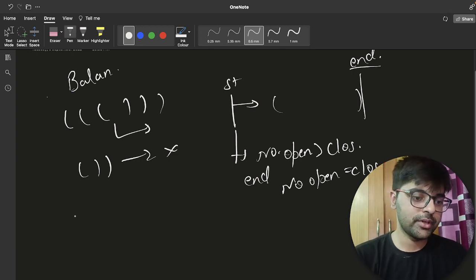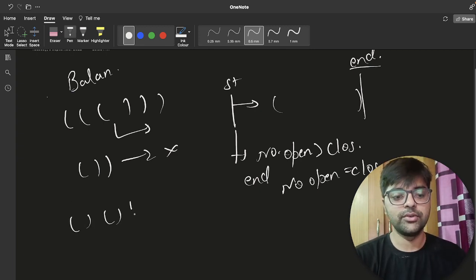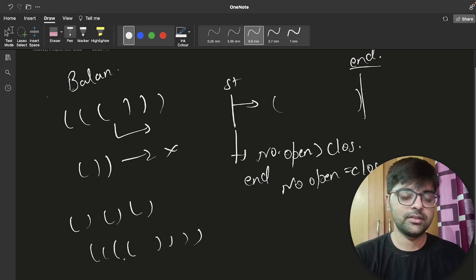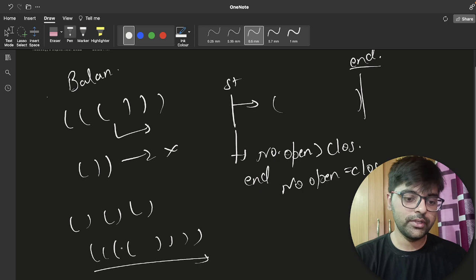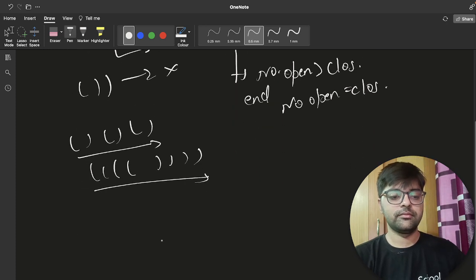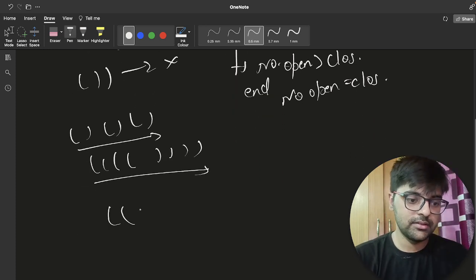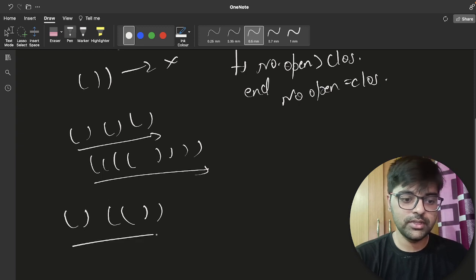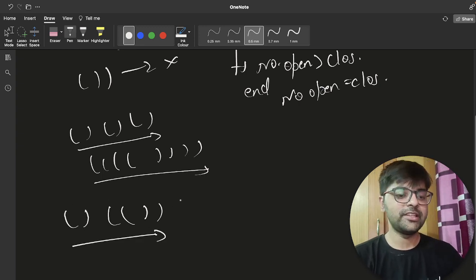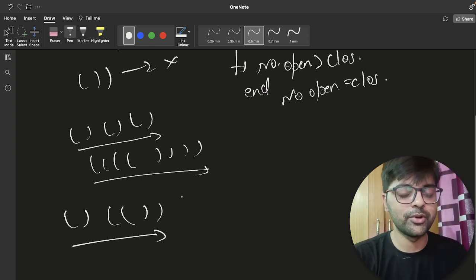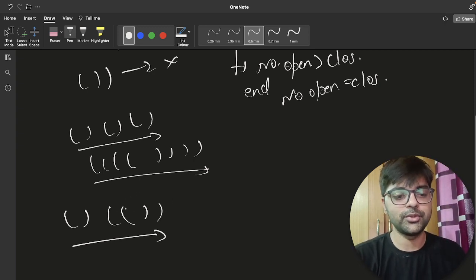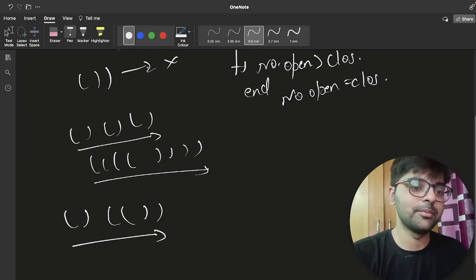Some examples of these are going to be balanced, from L to R, from here to here. Like in mathematics, we did some bracket problems; if it gives meaning, then it is a balanced bracket sequence.